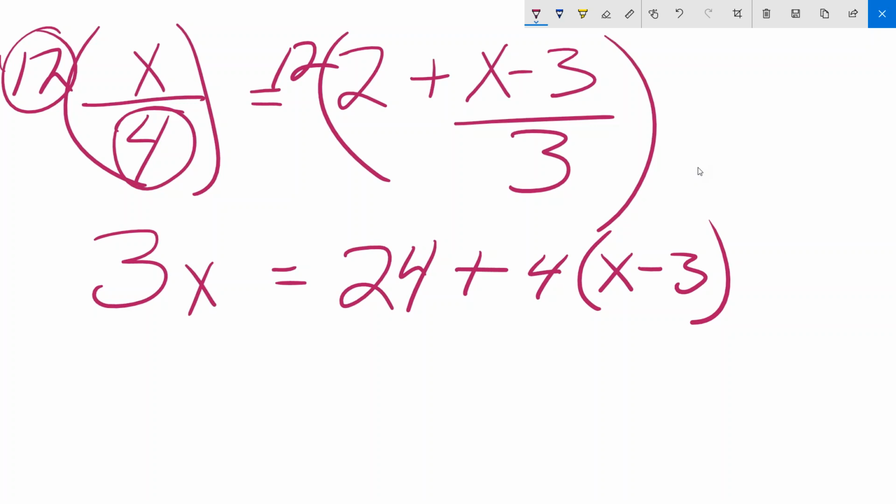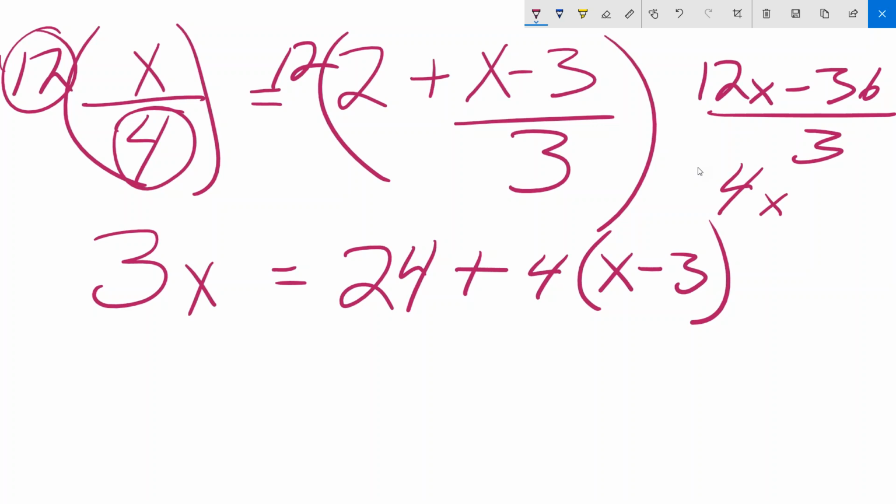In other words, I could have said the alternative, which would be 12x minus 36 all over 3, right? That was the other way to do it. But then I'm going to divide top and bottom by 3, and so I end up with 4x minus 12.